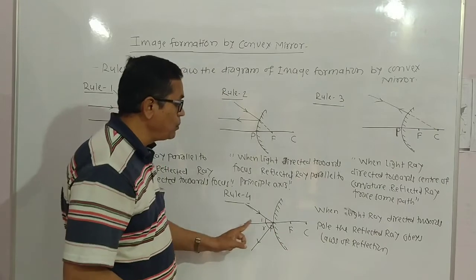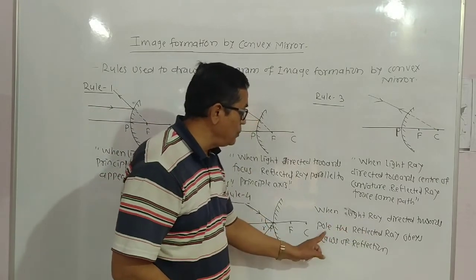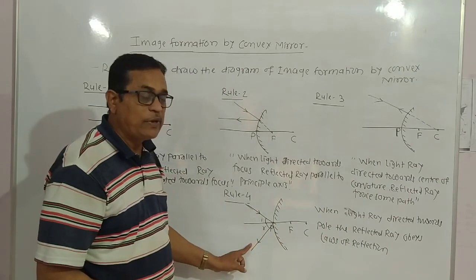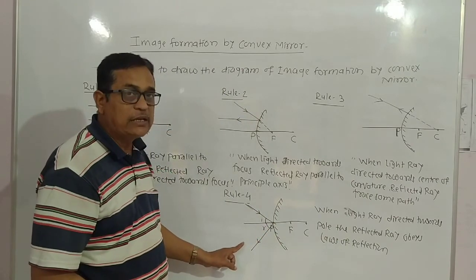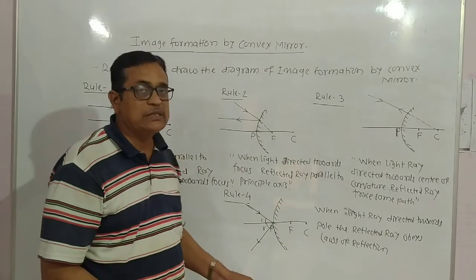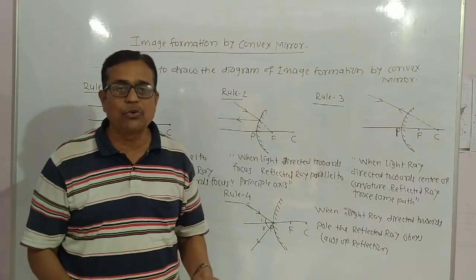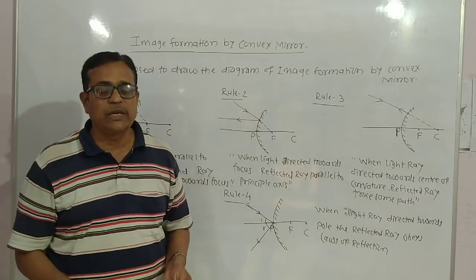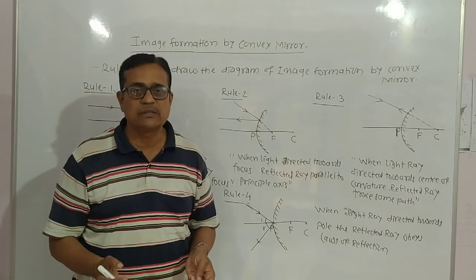And rule number four, when a light ray is directed towards the pole, the reflected ray obeys the laws of reflection. It reflects in the direction of the source. Means in this way, these four rules are used to draw the image diagram to form the image of an object using a convex mirror.